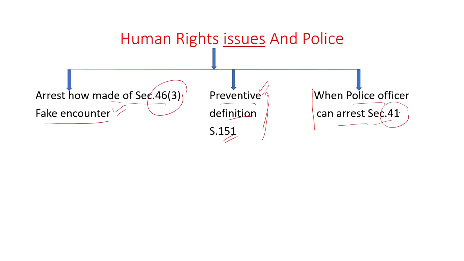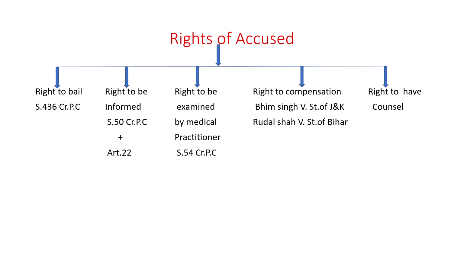Under section 151, a police officer can arrest. Section 41 gives wide discretion to the police officer to arrest any person who has committed a cognizable offence. Now, rights of the accused.